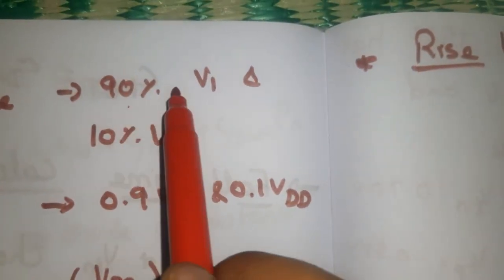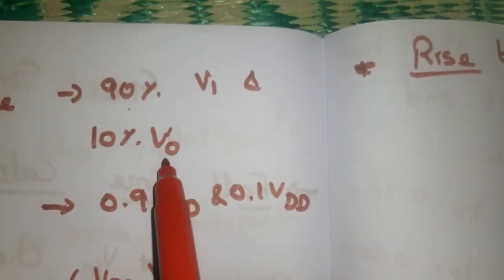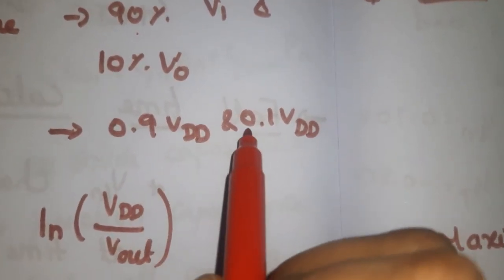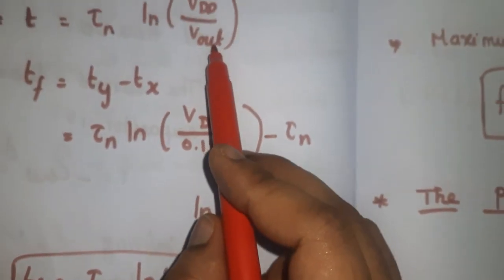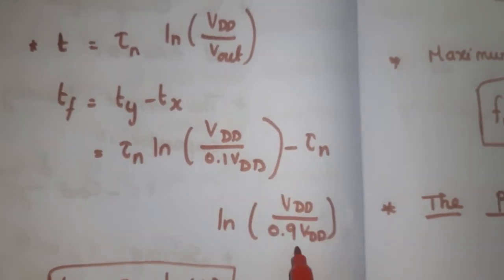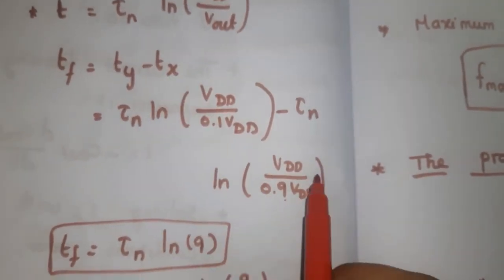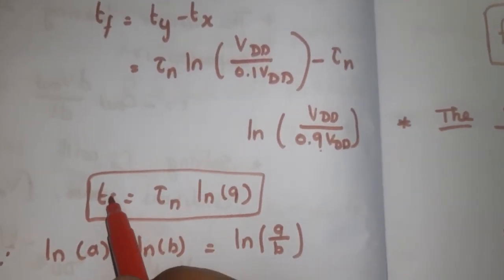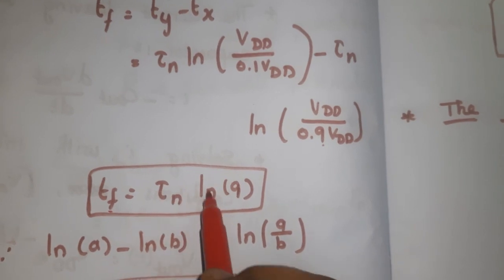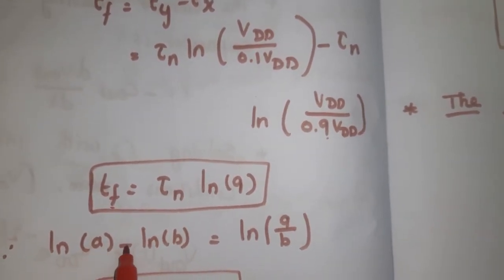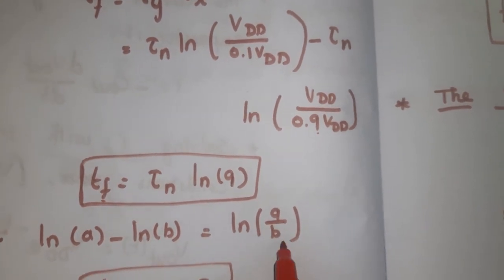V1 is 90% of VDD and Vout is 10% of VDD, that is 0.9 VDD and 0.1 VDD. Applying that, Vout equal to 0.1 VDD for Ty and Vout equal to 0.9 VDD for Tx. Solving this, we get the fall time Tf equal to tau n ln of 9, where we use the formula ln A minus ln B equal to ln of A by B.